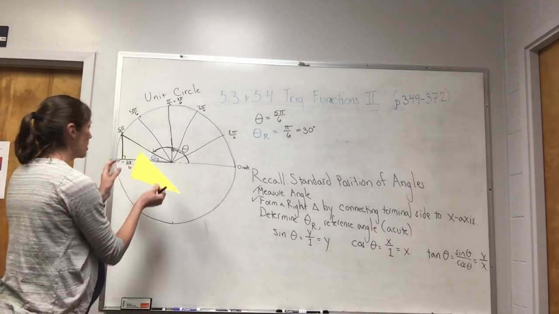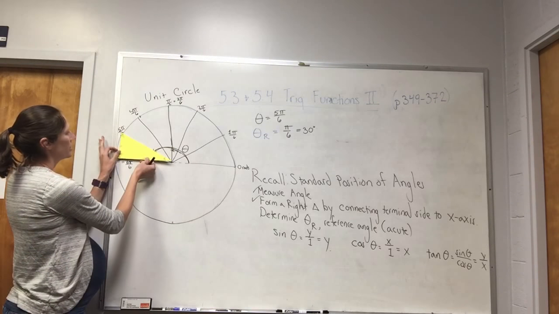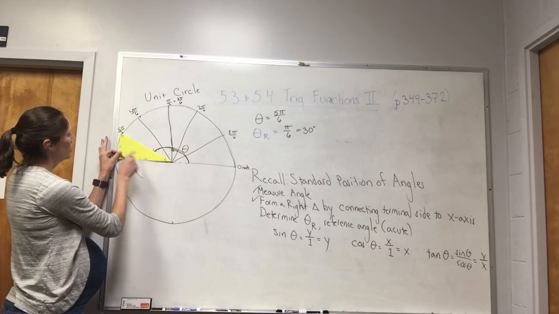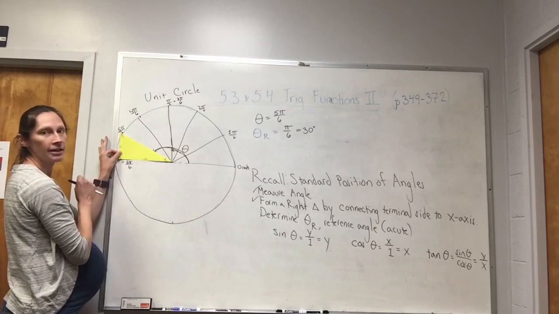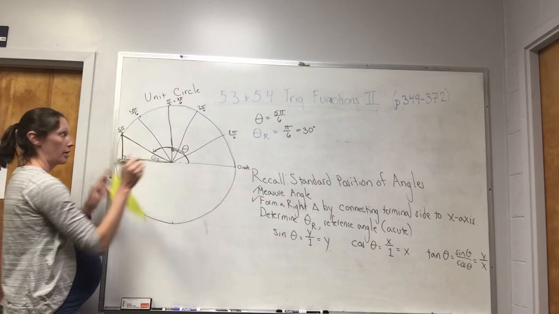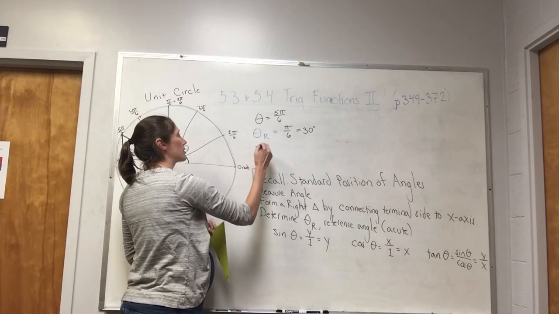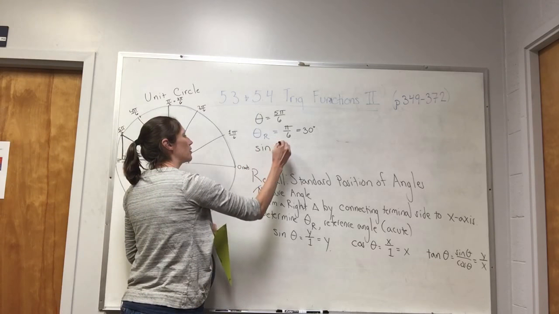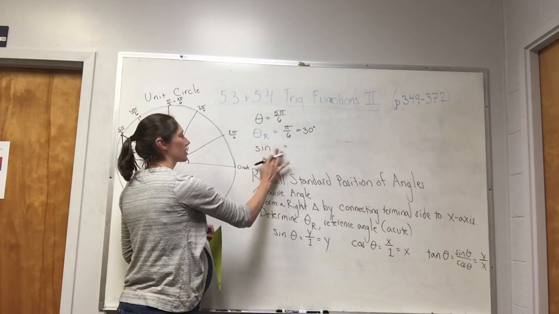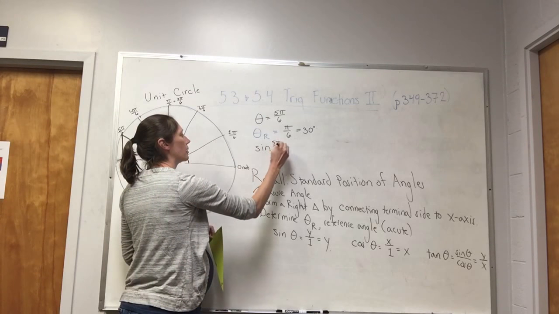So if I look at this, there is my right triangle right here. 30, 60, 90, okay? So from this information, I can figure out anything about this angle that I want. I can figure out its sine. What is the sine of 5 pi over 6? Let me actually write that in there.